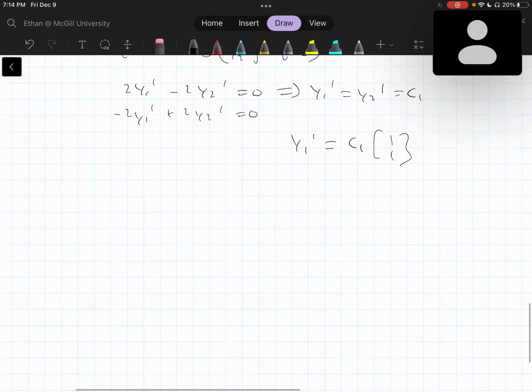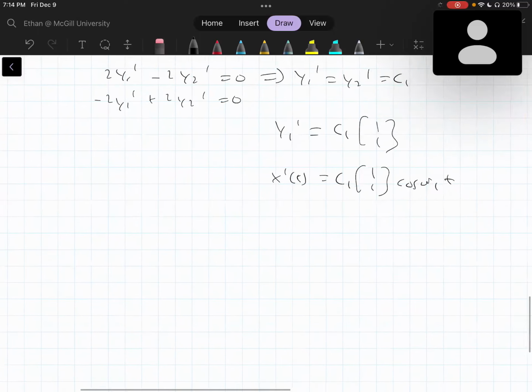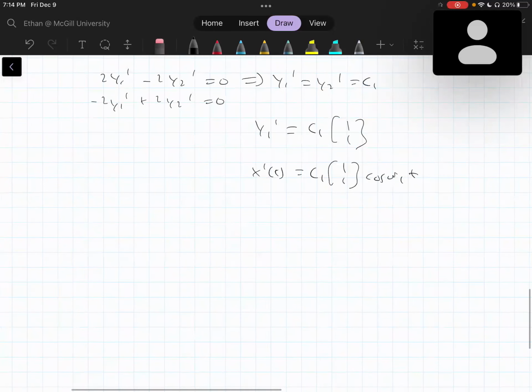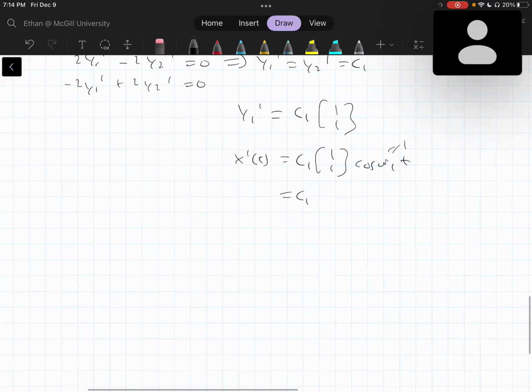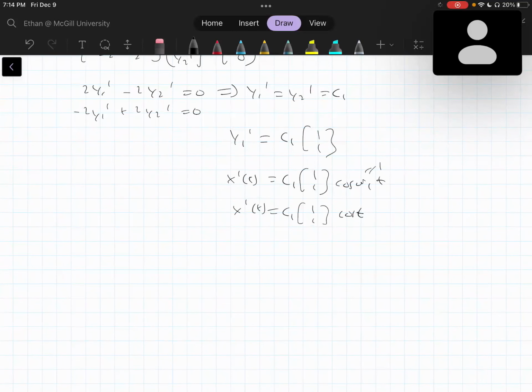We can write our final solution as x to the power 1 of t is equal to C1 y1 cos omega 1 t. Since omega 1 is simply equal to 1, that's going to be cos t. That's the solution for the first mode.